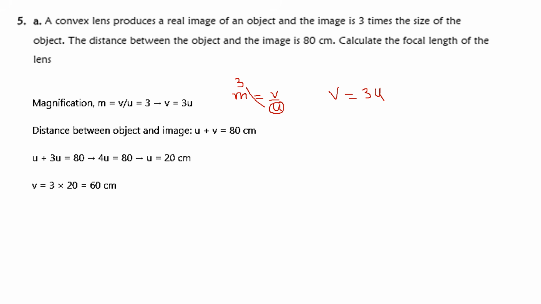Welcome, learners. So we have this. But we are also told that the distance between the image and the object is 80 centimeters. Which means V plus U is 80.